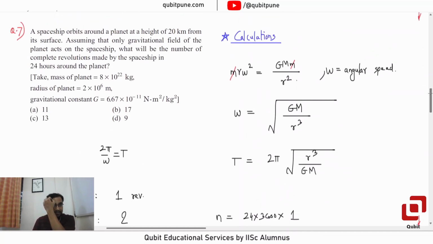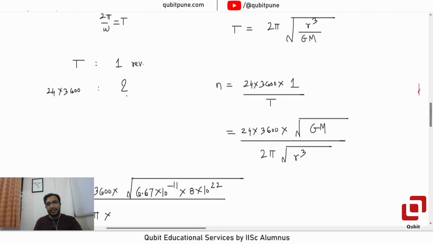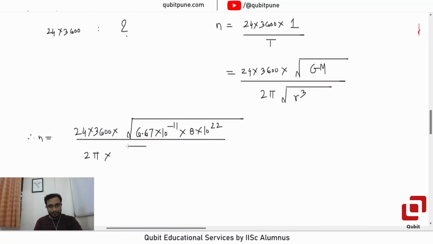Radius of the planet is 2000 kilometers, and height is 20 kilometers, so small r will be 2020. It is in kilometers, so to convert to meters we multiply by 10 raised to 3. After cubing it, it will become 10 raised to 9.